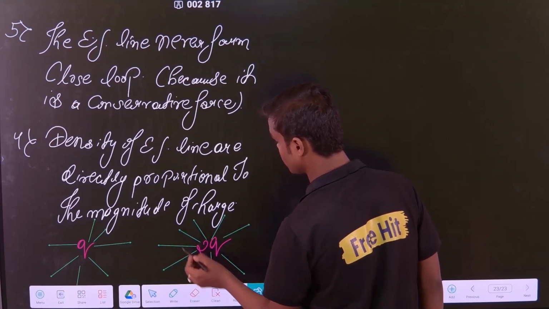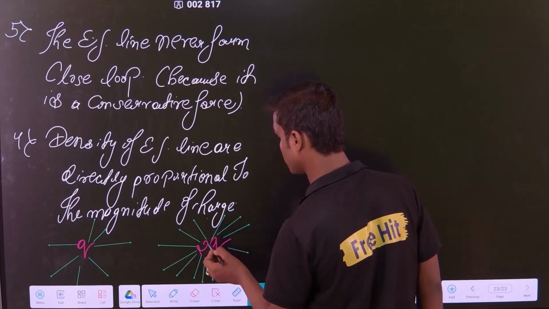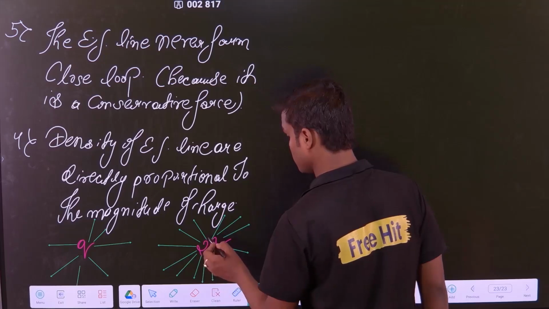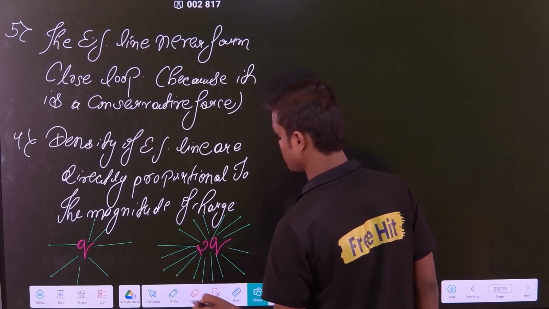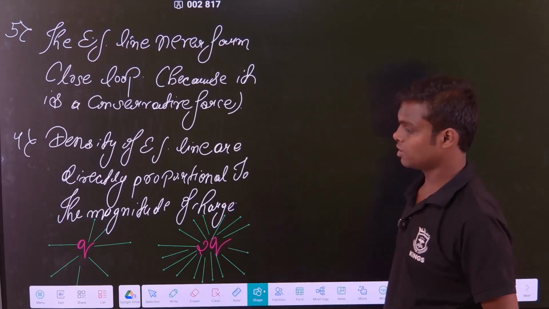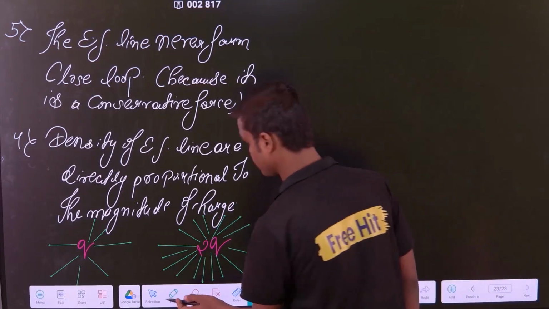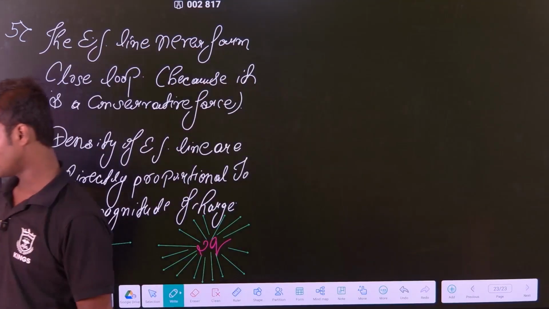The number of field lines will be more because it has a larger magnitude of charge. The charge magnitude is more, so you will get more number of field lines. Correct. And it is symmetric. I am not able to draw it here, but it is symmetric. Okay. That is the fourth property.